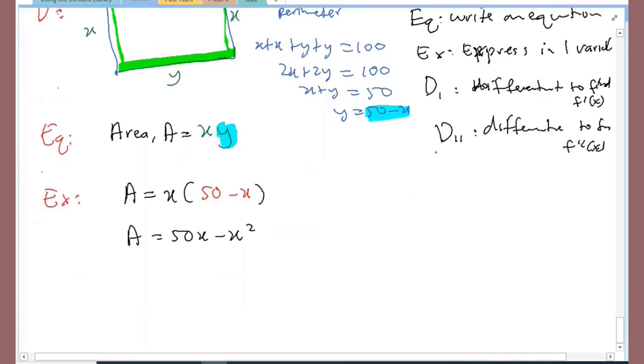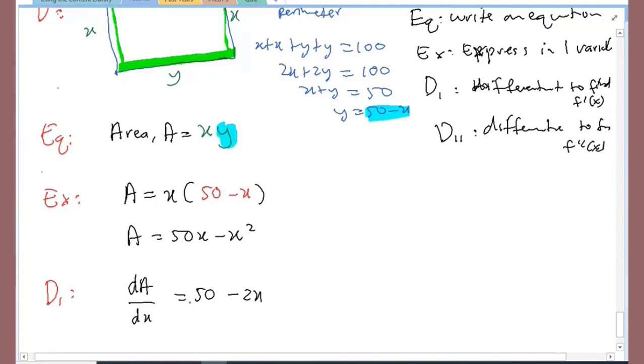Deduct. First is to differentiate, the derivative, because I have to find the largest area. So differentiate area with respect to x: dA/dx is 50 minus 2x.